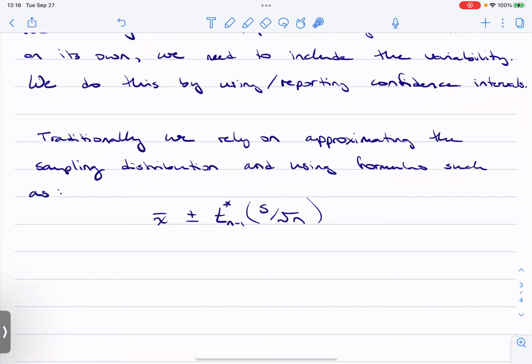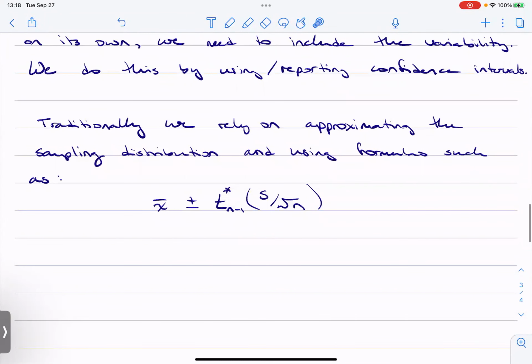But it relies on the t distribution, and then we had to use the t table, and that's what we're moving away from. We don't need to do that anymore. This is a way that we could find a confidence interval, and that's totally valid, totally fine, just not as flexible as the bootstrap.